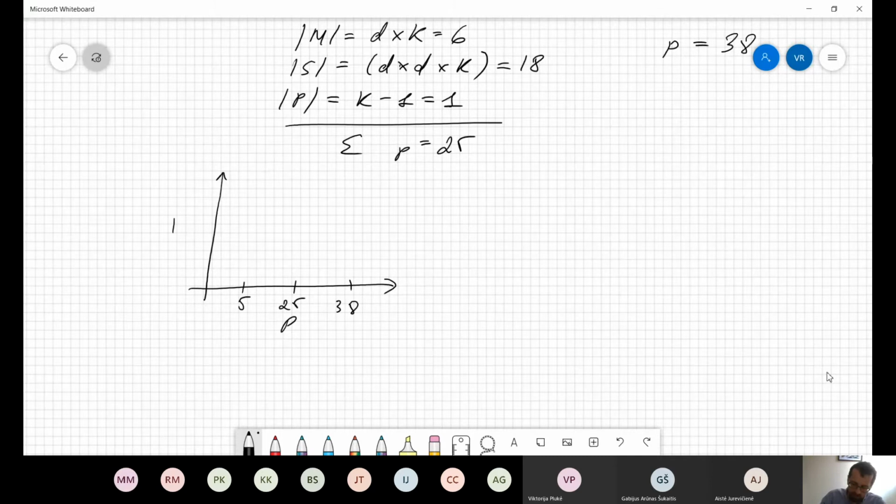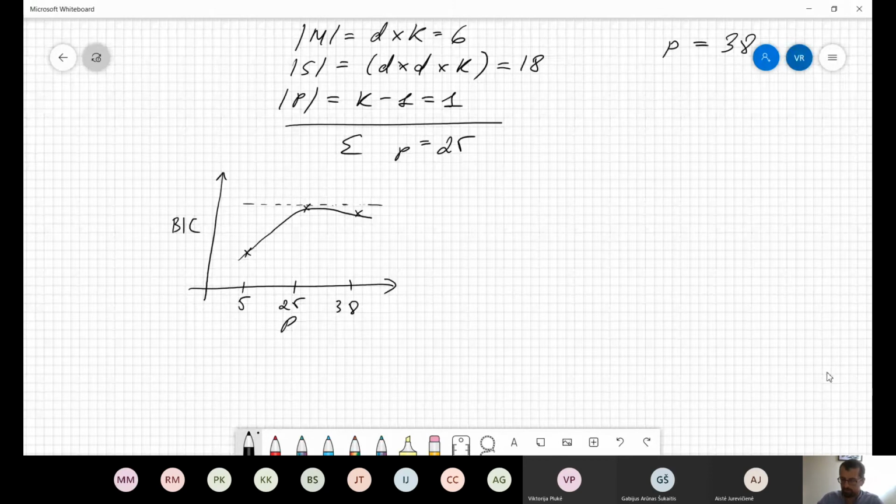It doesn't matter, but if we look into the Bayesian information criterion, right, we can see that we have it like this, and then it goes flatter, right? So something like this. So you can see that it's going down. So basically the model becomes very complex, right? And this might not be a good thing to have. Okay, so you would be picking this one by following this criteria.